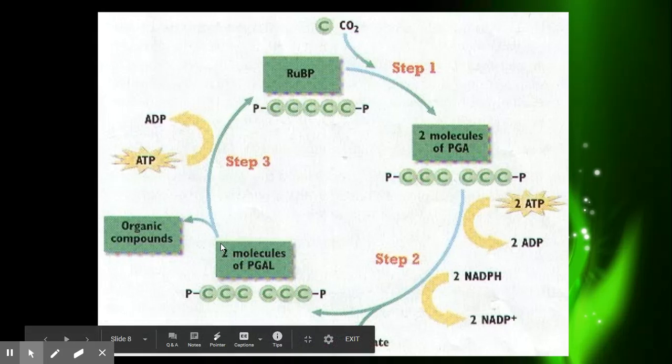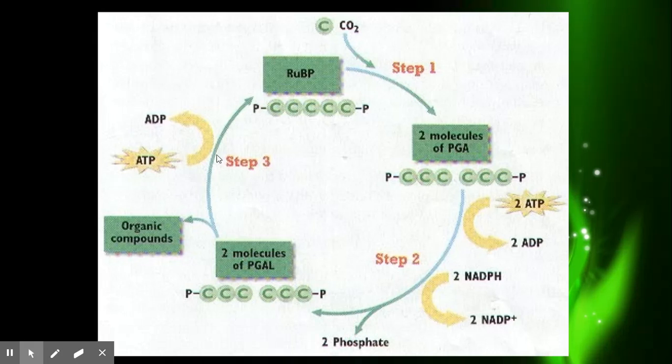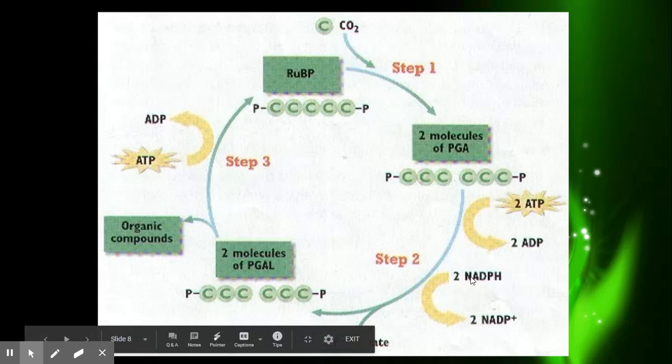The rest are then recombined with the use of ATP back into the 5-carbon molecule to start the process over again. An important step that we talked about a little bit is that the ATP and NADPH from the light reaction are reused back and forth between the light reaction and Calvin cycle, and keep fueling all of these processes over and over again.